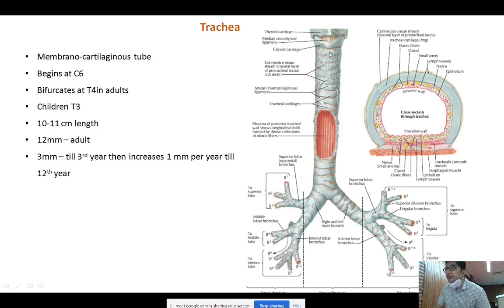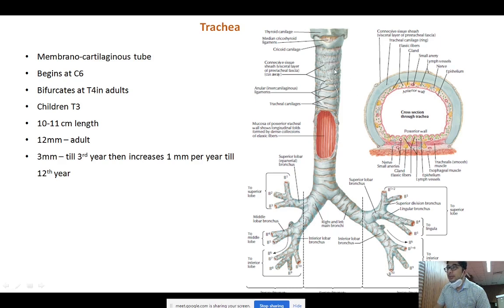It consists of C-shaped cartilages. They may be continuous or they may branch like that. Since they are C-shaped, posteriorly there is a gap, and this gap is filled by a smooth muscle which is known as the trachealis muscle. Here it begins at C6, as I have already told you. It's a membrano-cartilaginous tube, also consisting of a muscular part, that is the trachealis muscle, a smooth muscle.